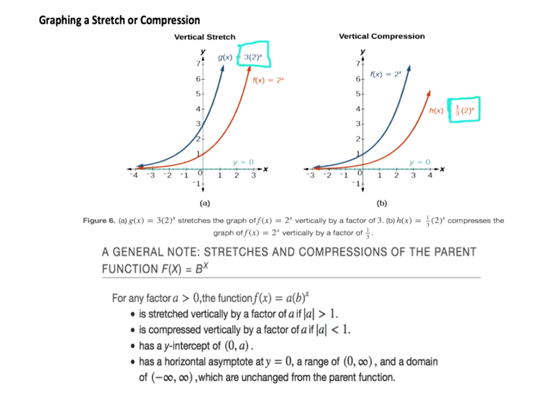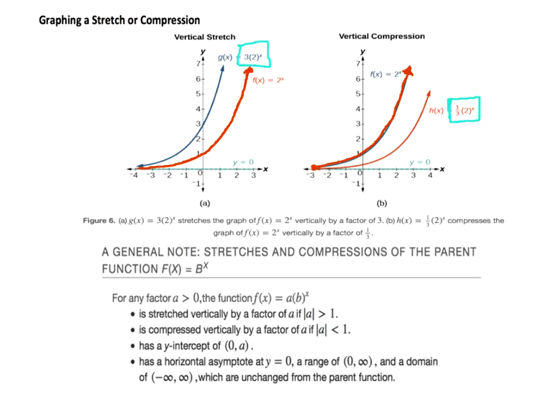And when you multiply by a value that is between 0 and 1 on the outside of the function, it compresses it down. And actually, they made these colors to be very confusing. This is our 2 to the x. So it's the orange on the other side right here. They should have let 2 to the x be the same color in both of these.